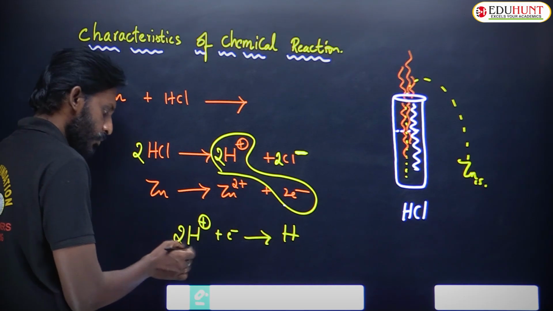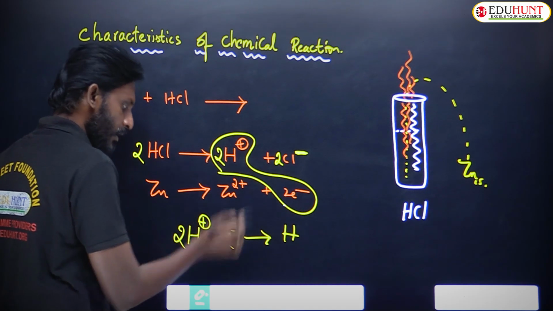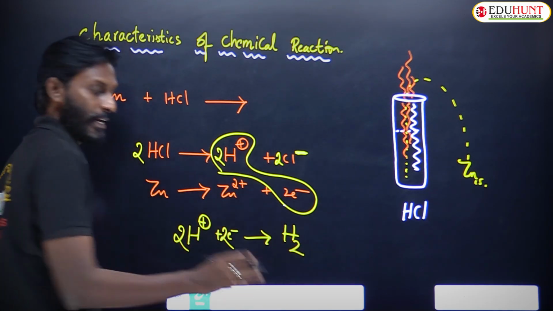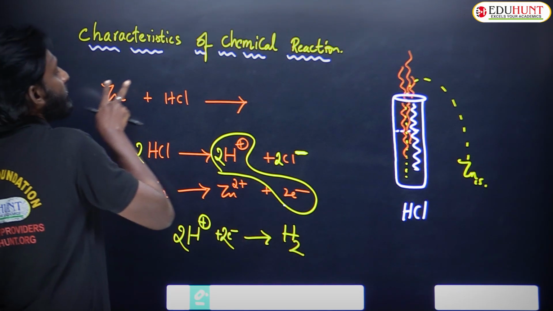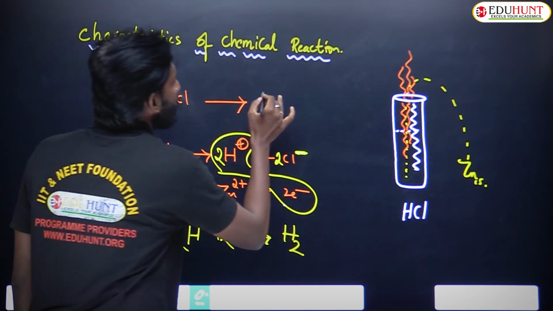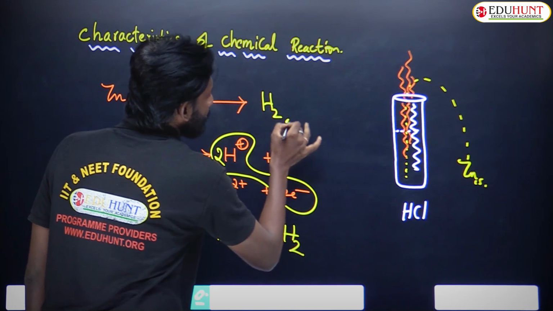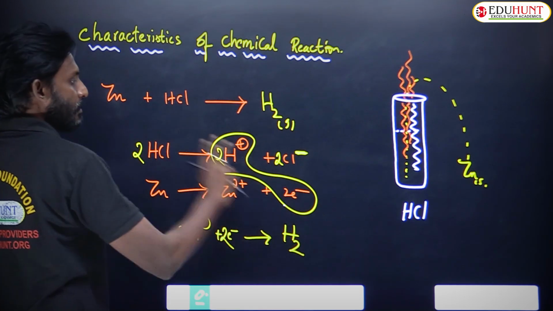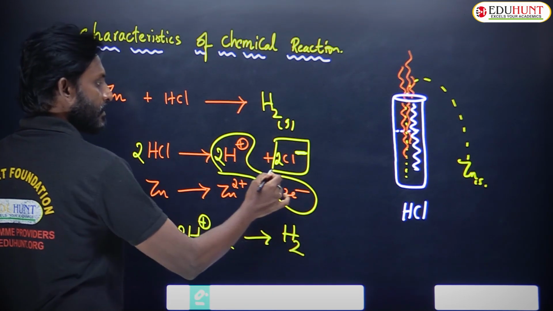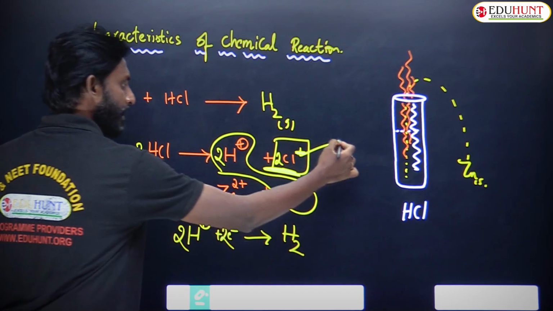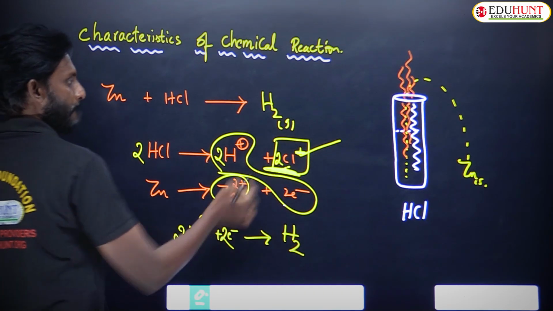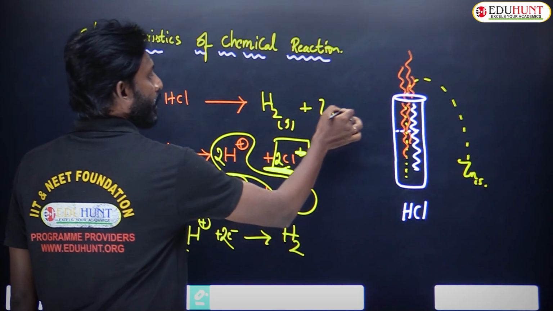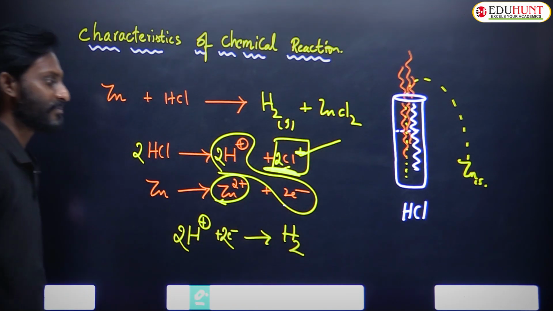Similarly, when you take 2H plus, supplied 2 electrons, you will get H2 gas. So when zinc reacts with HCl, you get hydrogen gas liberated and are left with 2 Cl minus. Now what happens to this Cl minus? This is Cl minus and Zn2 plus. These two will combine to give a byproduct, ZnCl2.